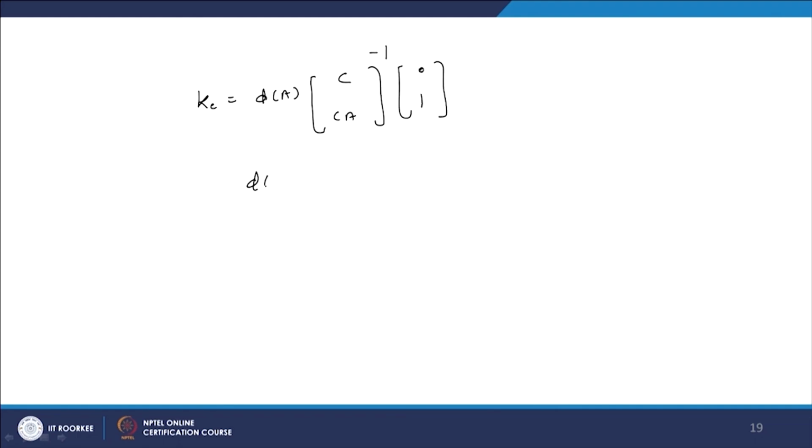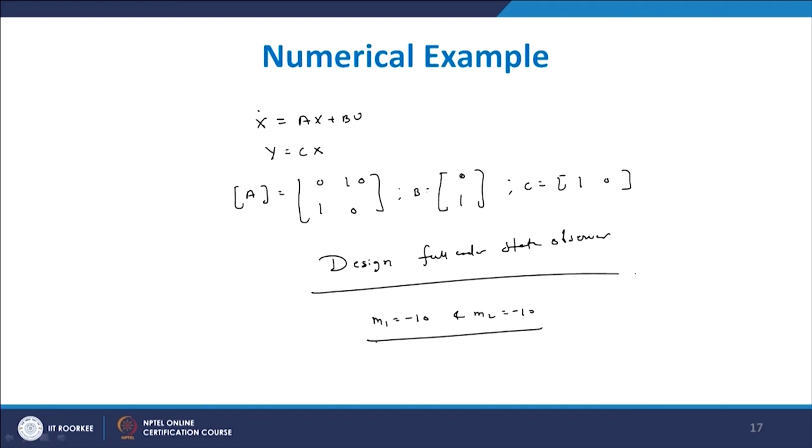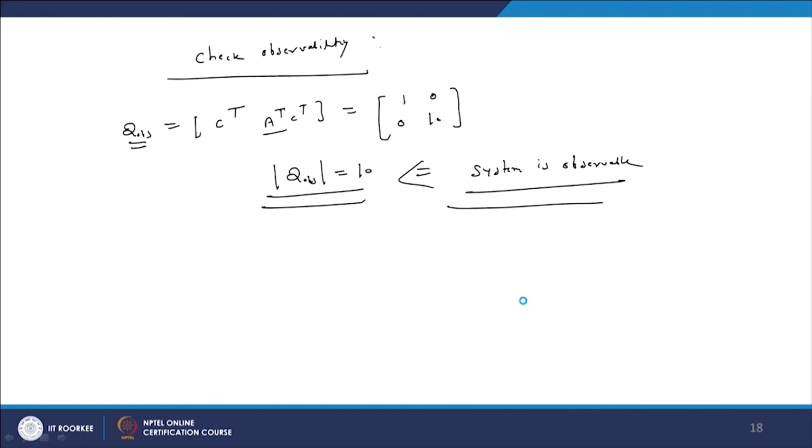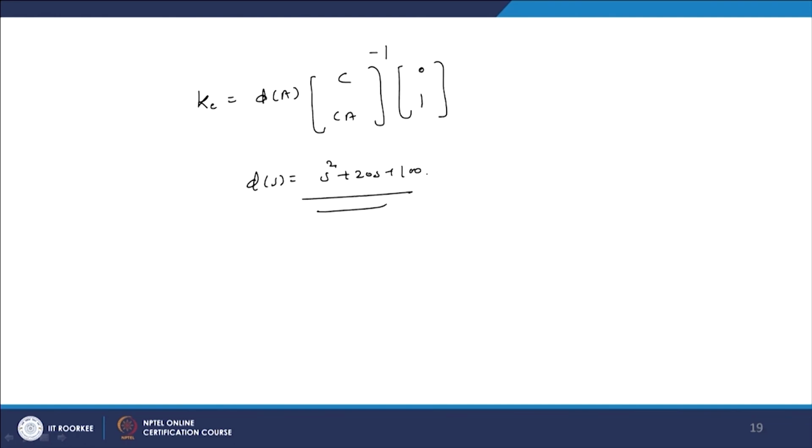Now our desired characteristic polynomial is s square plus 20s plus 100, because we have poles at m1 minus 10, m2 minus 10.